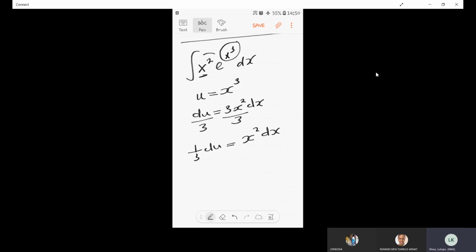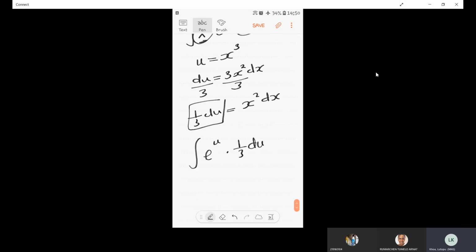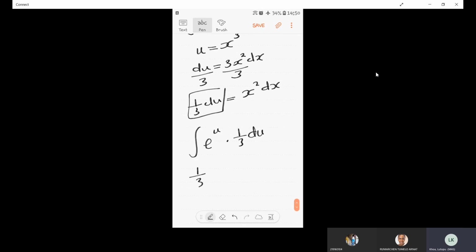So now I can substitute this x squared dx with 1 over 3 du. What I have is e to the power of u times 1 over 3 du. The 1 over 3 can go out.